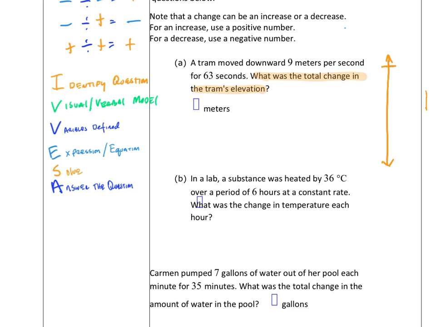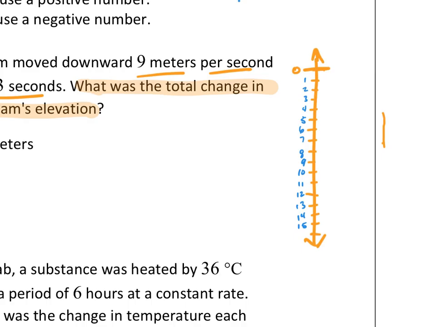So that means I'm starting at one height, and then I just keep moving. Now for 63 seconds, I move 9 meters per second. So that means as I draw a visual model of this, I'm going to draw this as my time, right? This is my seconds.